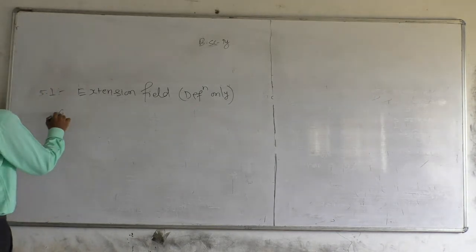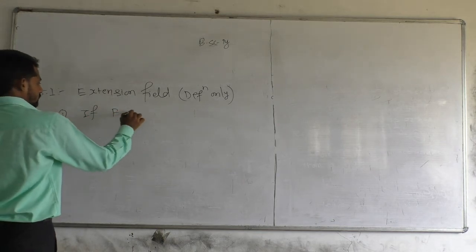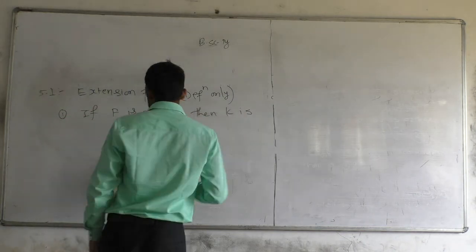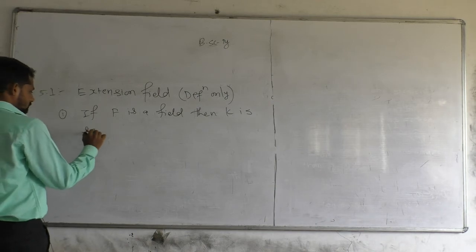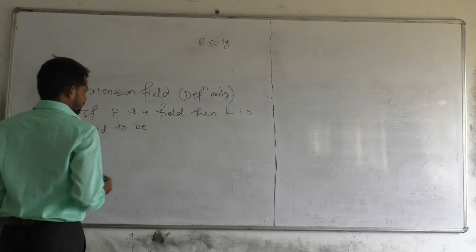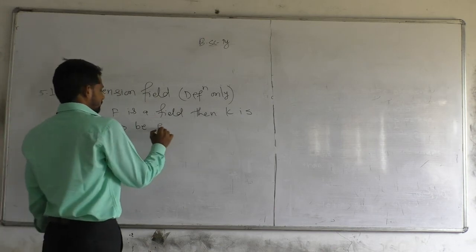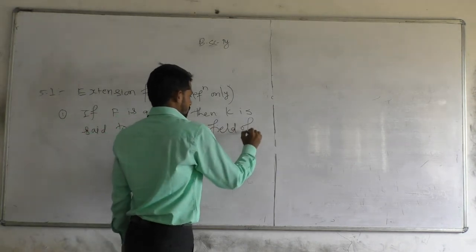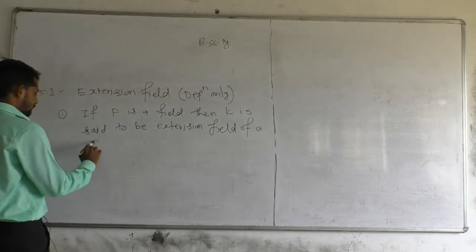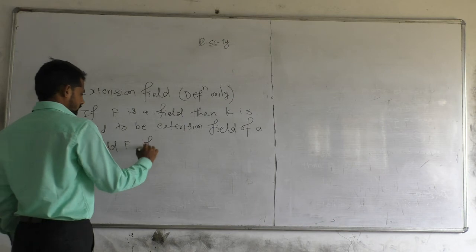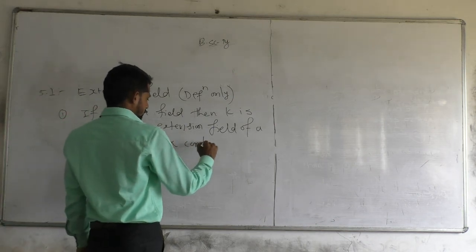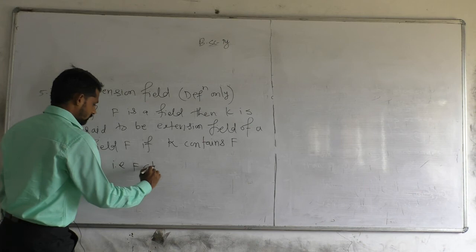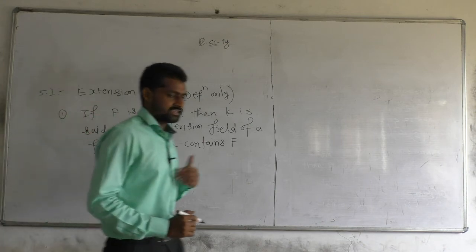First definition: if F is a field, then K is said to be an extension field of a field F if K contains F, that is, F is a subset of K, then we call K the extension field of F.